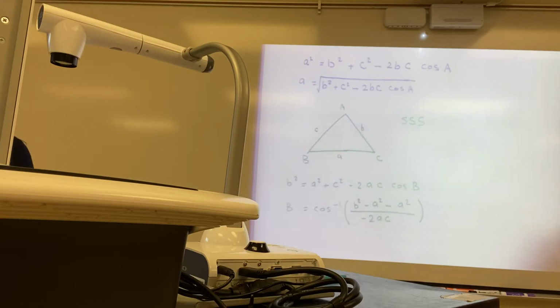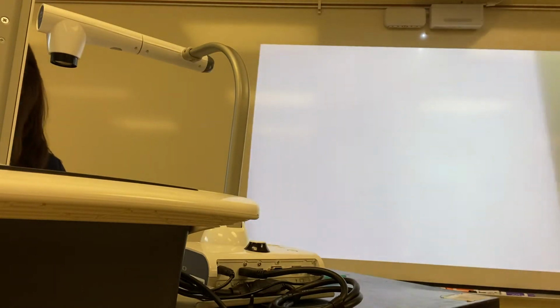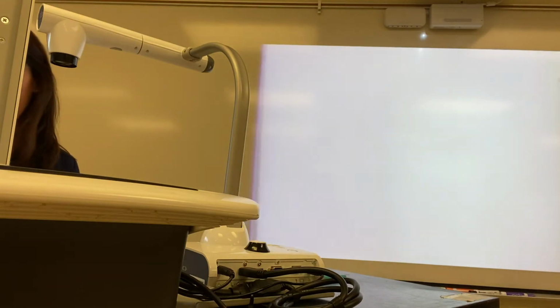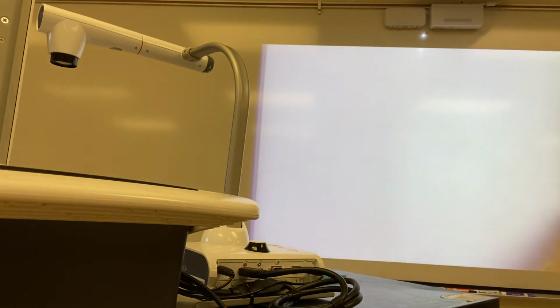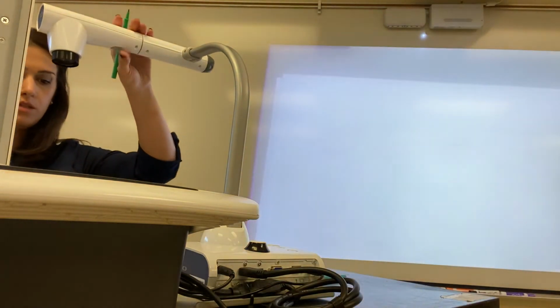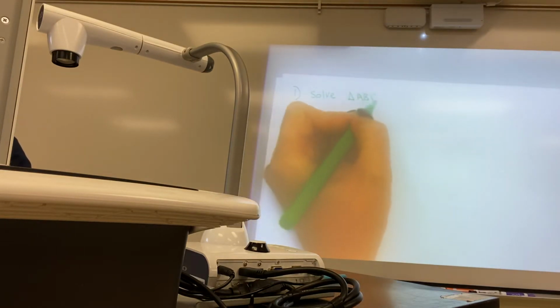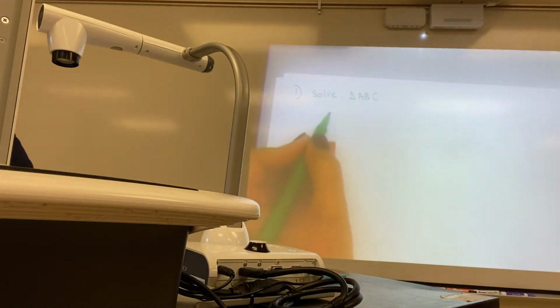Okay, let's look at some examples to better understand what we're talking about. So first one, we have this triangle. This is example 1, and we want to solve triangle ABC.